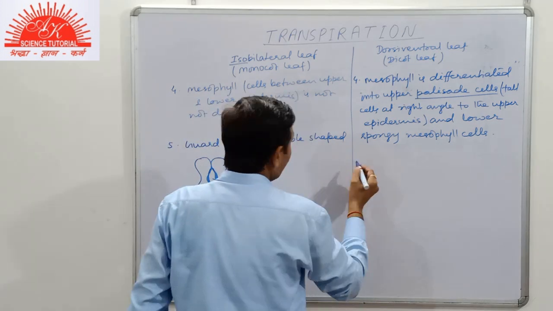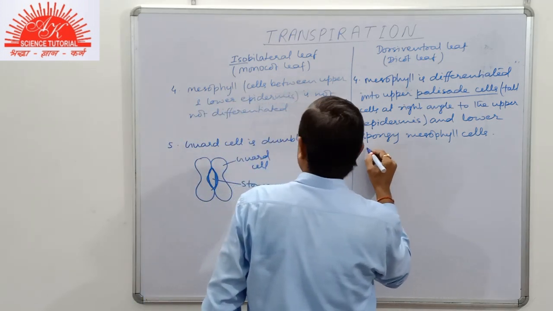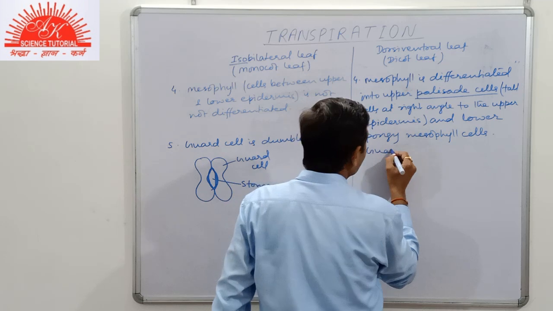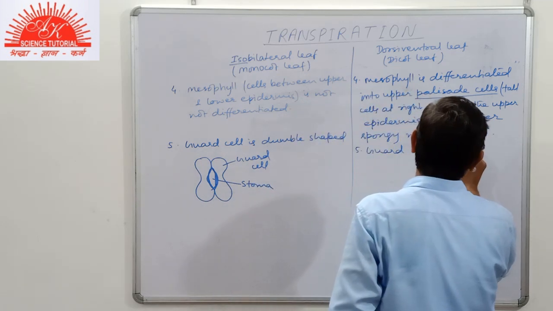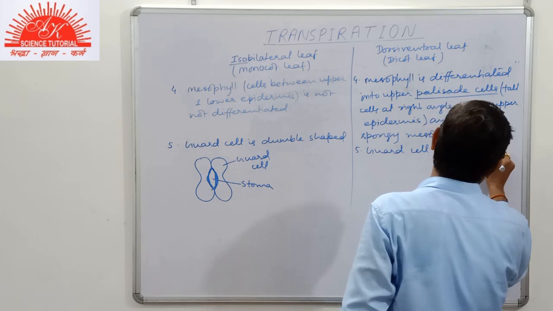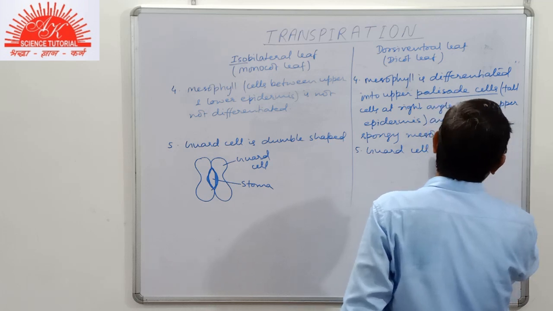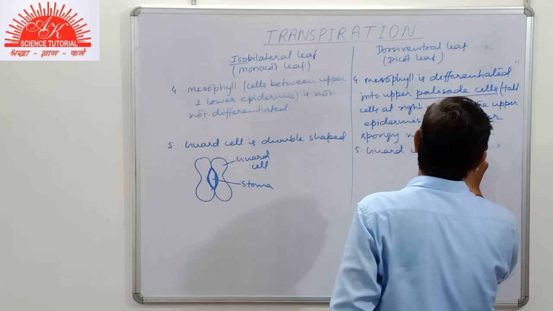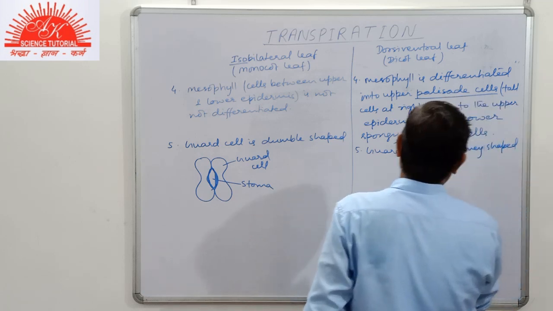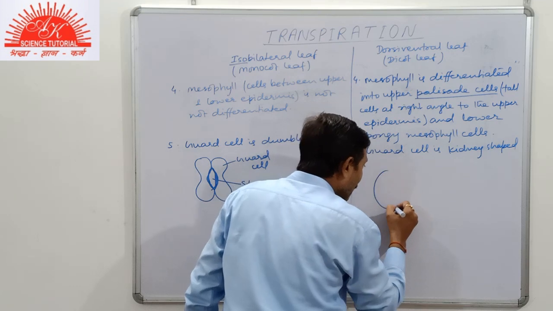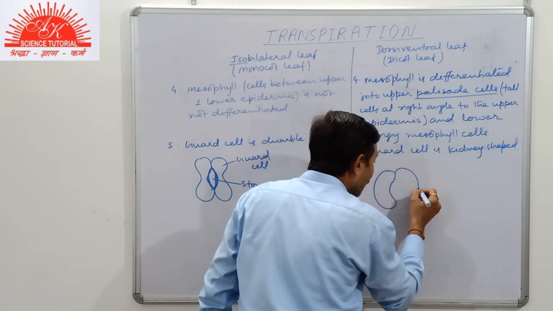Now in this case the guard cell is bean shaped, or kidney shaped. This is the arrangement of guard cells.